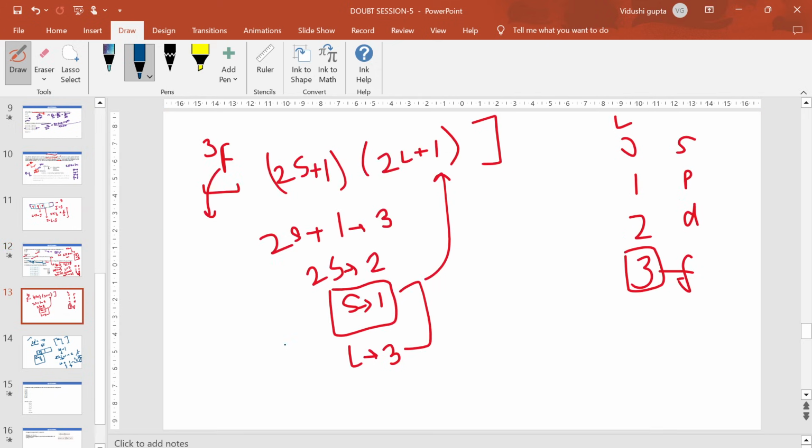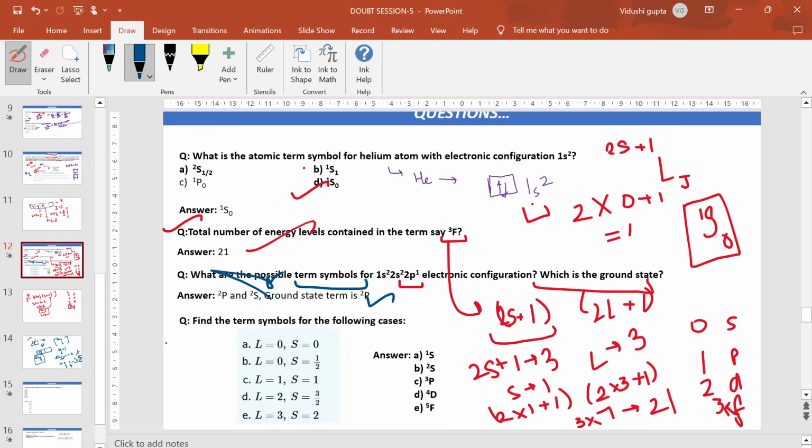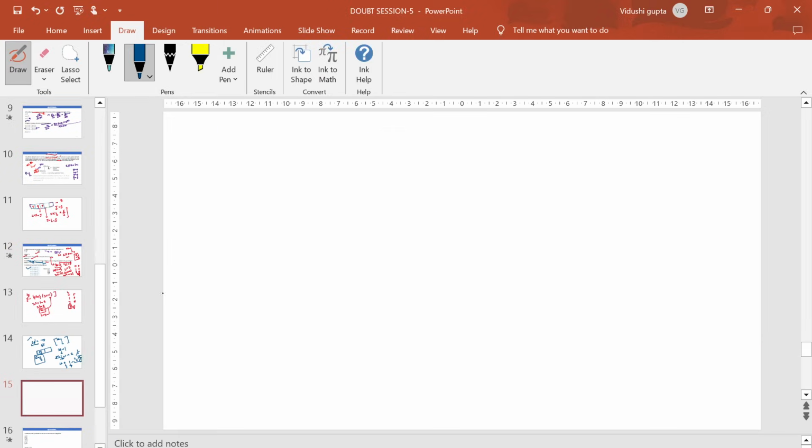Moving to next, you have to calculate the term symbol when L is 0, S is 0. Now tell me what will be the term symbol?